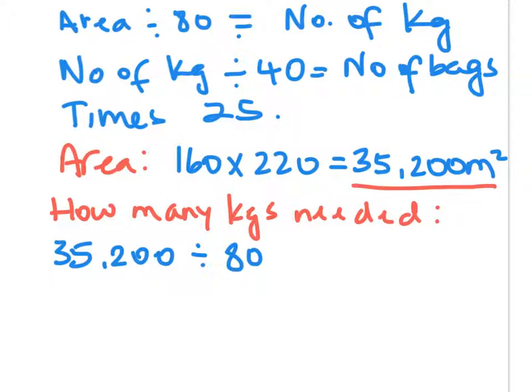So when we find out how many times 80 goes into 35,200, we're finding out how many kilos are needed for the full field. So we can do that on our calculator again. That gives us 440 kilograms needed. So, how many bags is that?